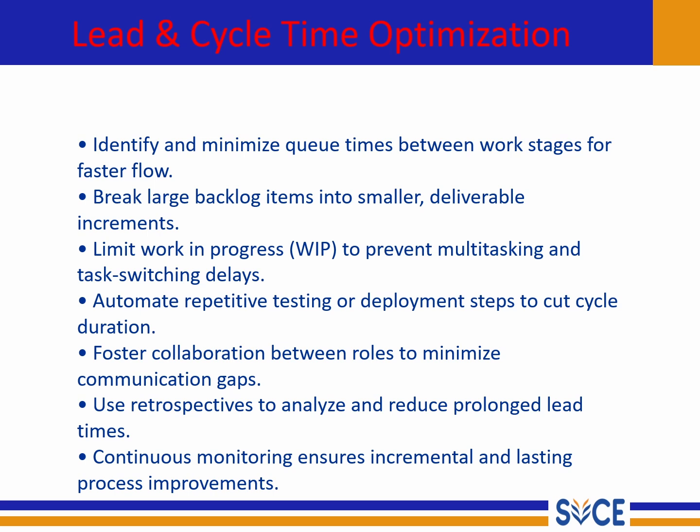We can also automate repetitive tasks like testing, deployment or builds. Automation saves time and reduces errors, helping us cut down the cycle time significantly. Equally important is collaboration, encouraging smooth communication between developers, testers and designers.